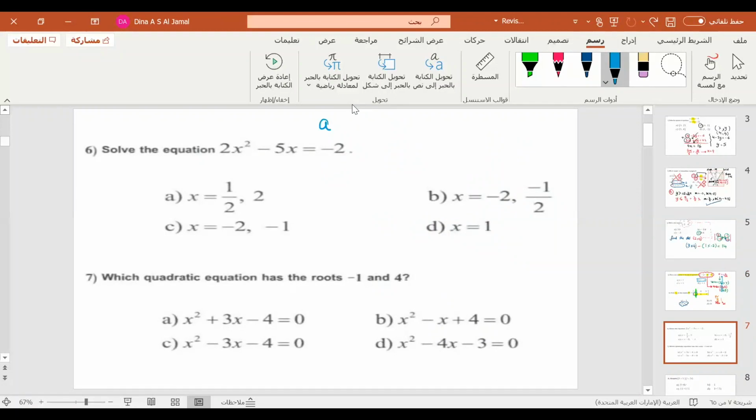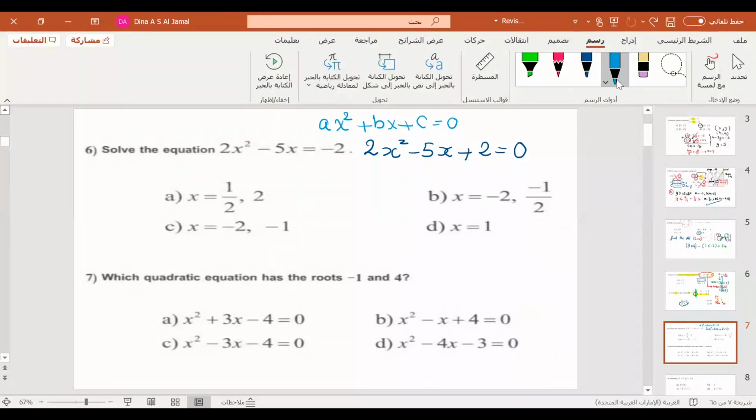So move it to the form of ax squared plus bx plus c equals 0. And you can solve it whether using factorization method or directly. To save time, you can use your calculator to solve it. So 2x squared minus 5x plus 2 equals 0.